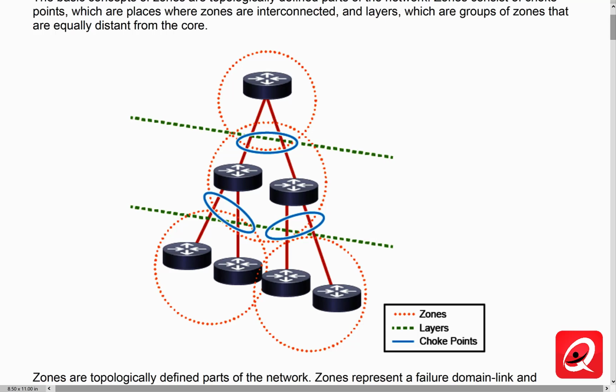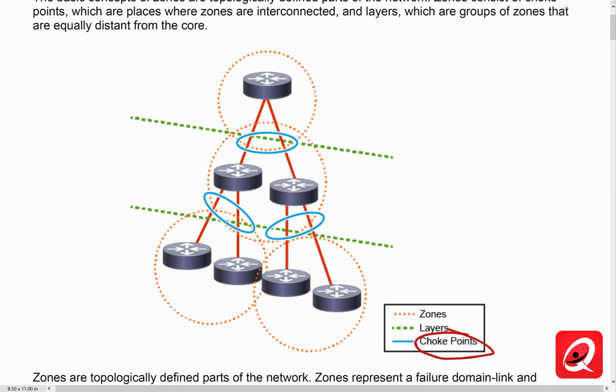But what you're seeing in this particular diagram here is a basic concept of zones that we're applying to the topology. And those zones, you can see the blue circles here represent what we call choke points, here, here, and here.